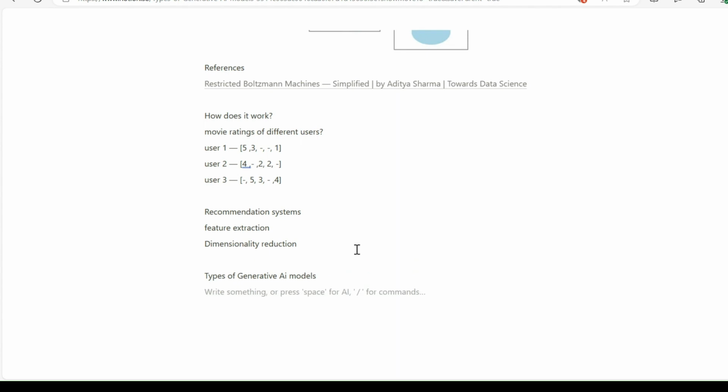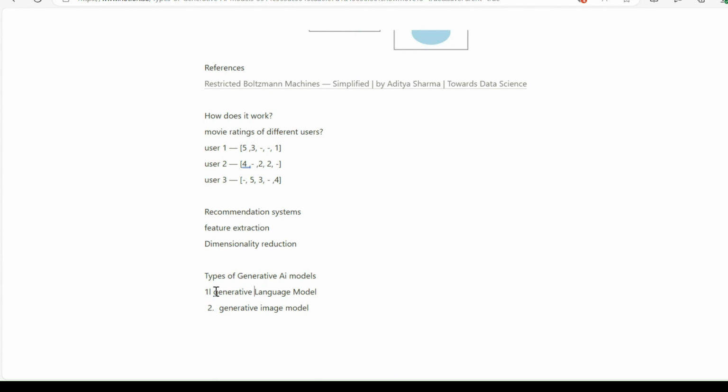one is the generative language model and the other one is the generative image model. Generative language models learn about the patterns in language through training data, and given some text, they predict what may come next.